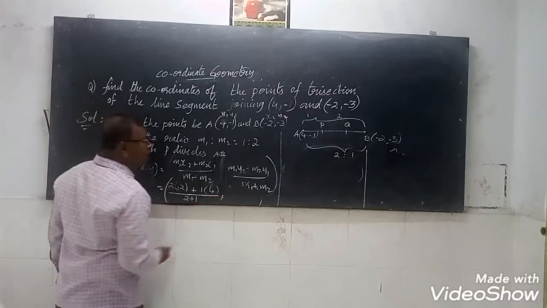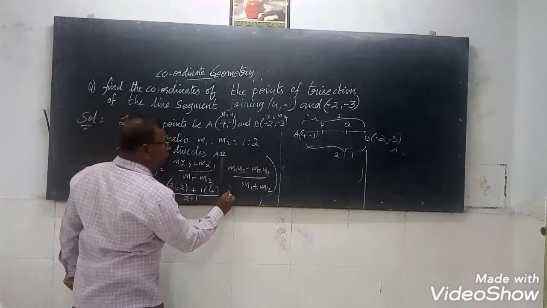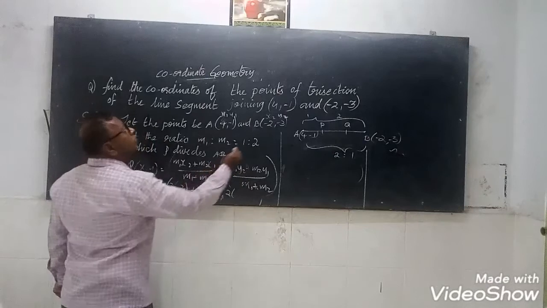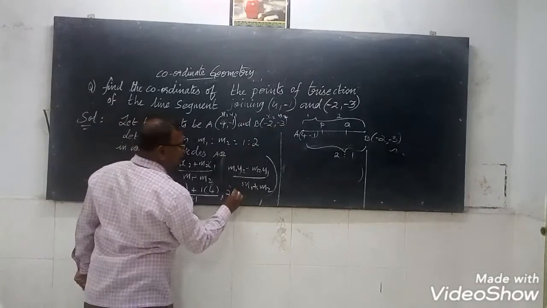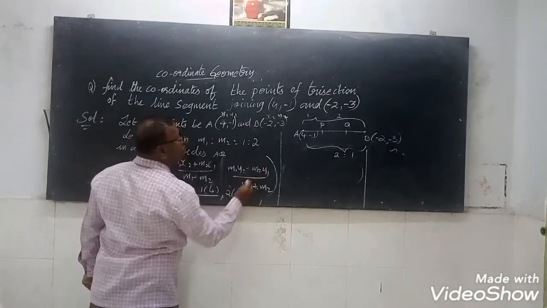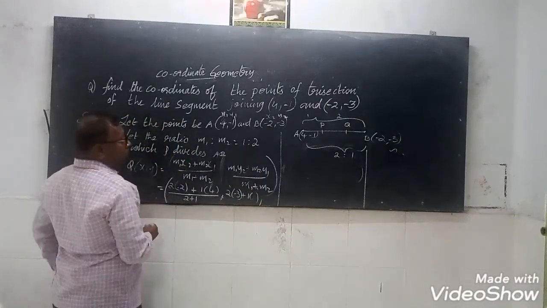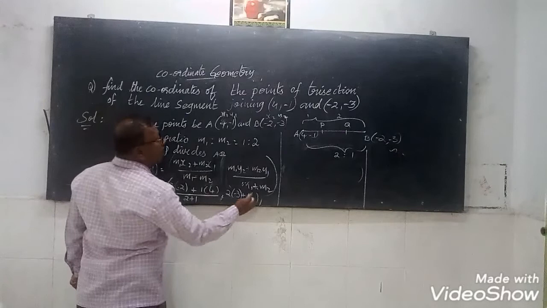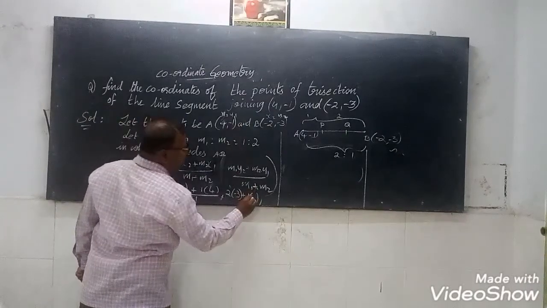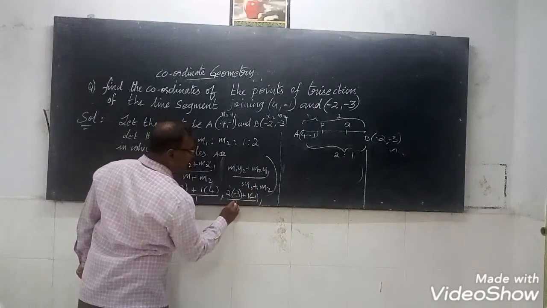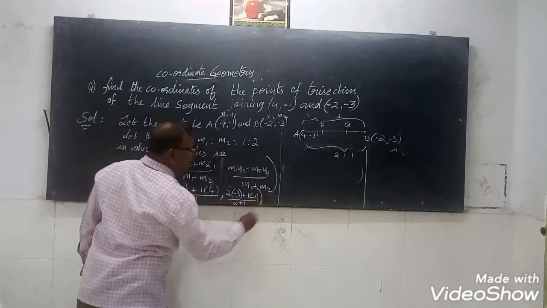Then again, comma. Again M1 is 2, y2, y2 is minus 3, plus M2, M2 is 1, into y1. What is y1? Minus 1. Then again, divided by 2 plus 1.